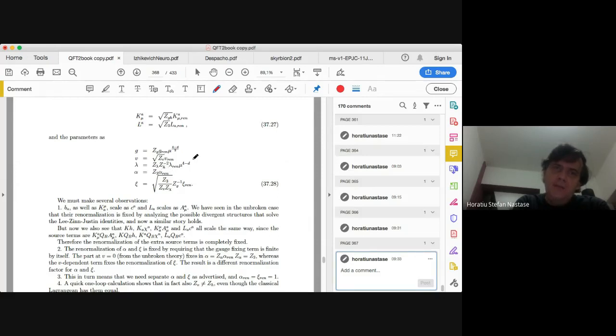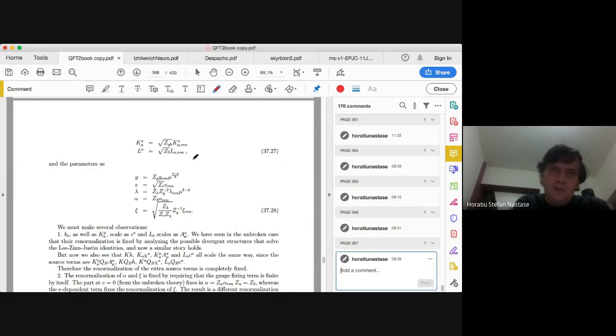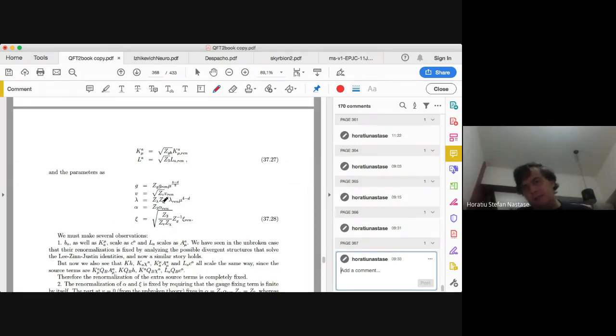So h renormalizes with square root Z_h, and then this renormalizes with 1 over square root Z_h to the fourth power. That is Z_h to the minus 2. And then on top of it, I have an extra Z_lambda. And again, I have the change in dimension of lambda, which means I compensate by adding the dimensional transmutation scale μ to the power of 4 minus d.